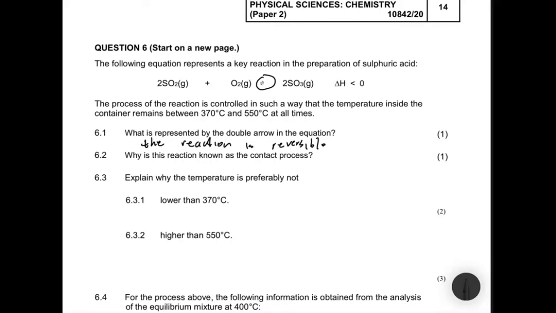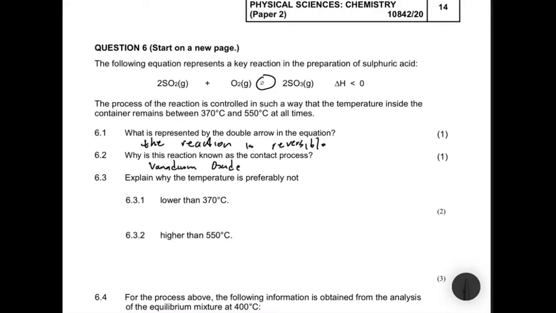We need vanadium oxide, right? So the catalyst for our contact process is vanadium oxide. But that's not what the question is asking us. The question just wants us to explain that it is known as the contact process because you are in contact with a catalyst, and you get your 1 mark.